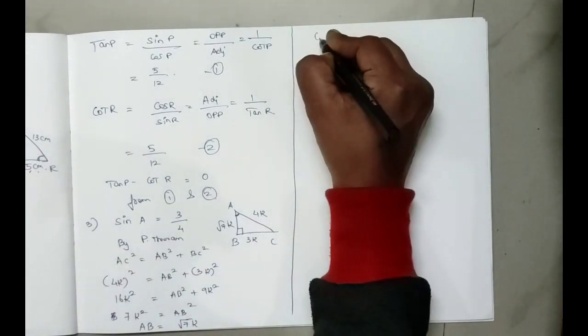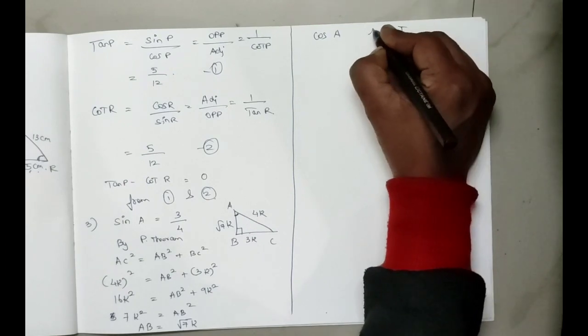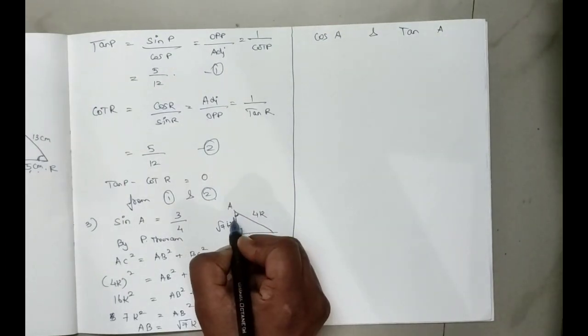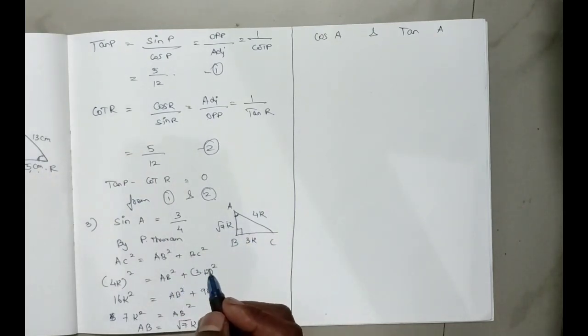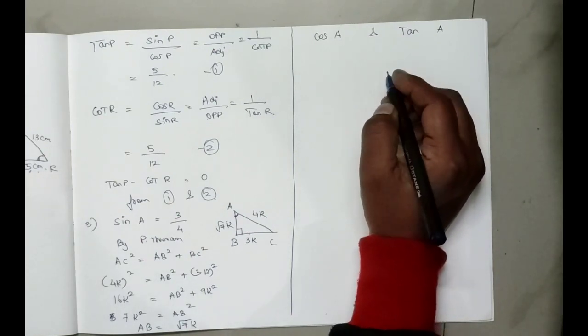We have to find cos A and tan A. What is cos A? What is the formula for cos A? It is adjacent by hypotenuse, and tan is going to be opposite by adjacent.